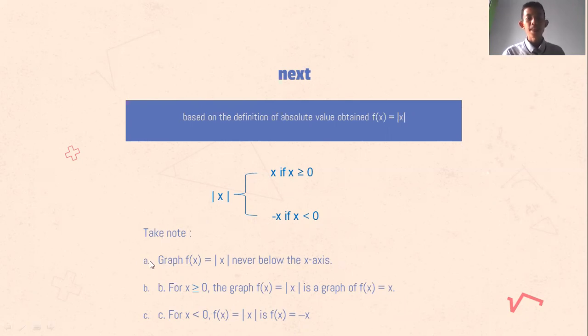Take note: A, the graph f(x) = |x| is never below the x-axis.